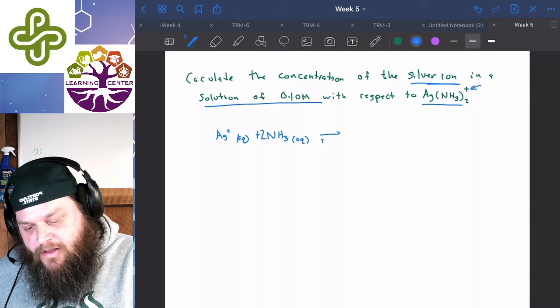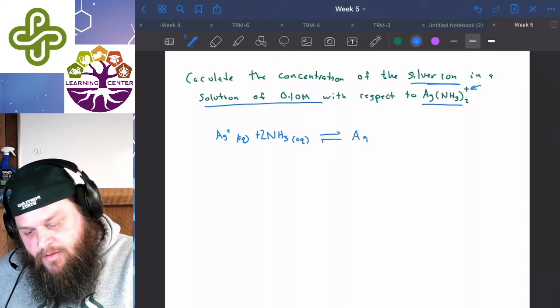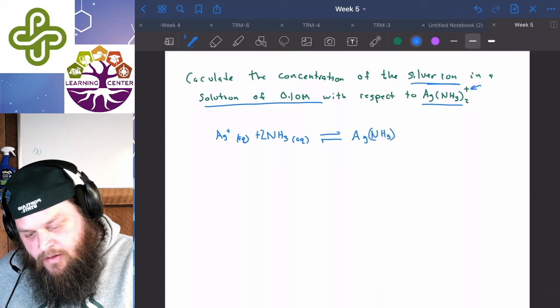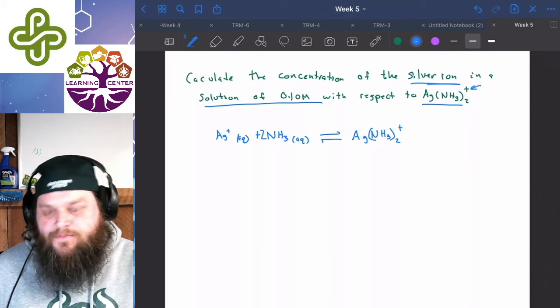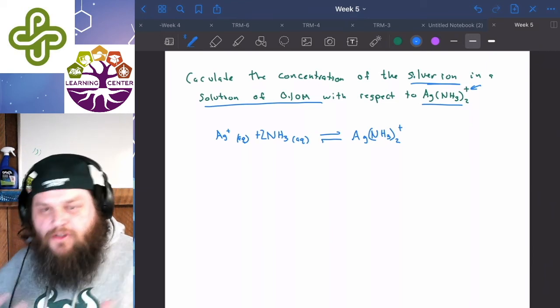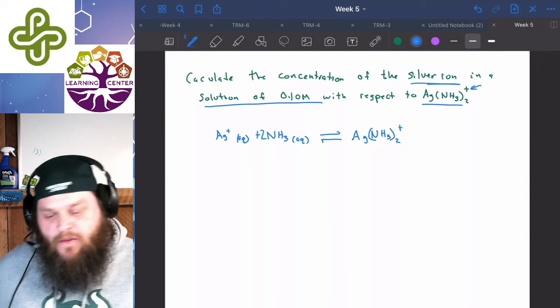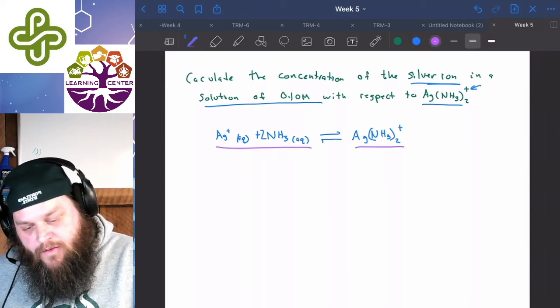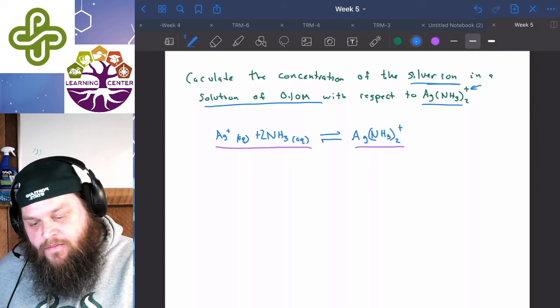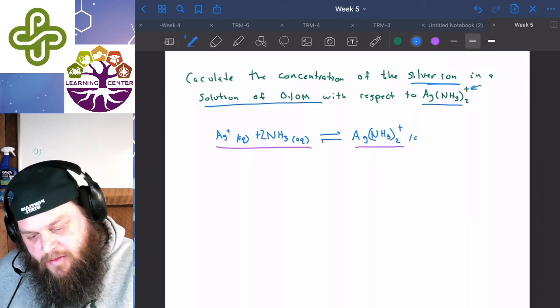So that's an equilibrium with the formation of Ag(NH3)2+. Notice the charge is balanced on both sides of the equation. I have a +1 charge over here, and I have a +1 charge over there. This is still going to be aqueous.